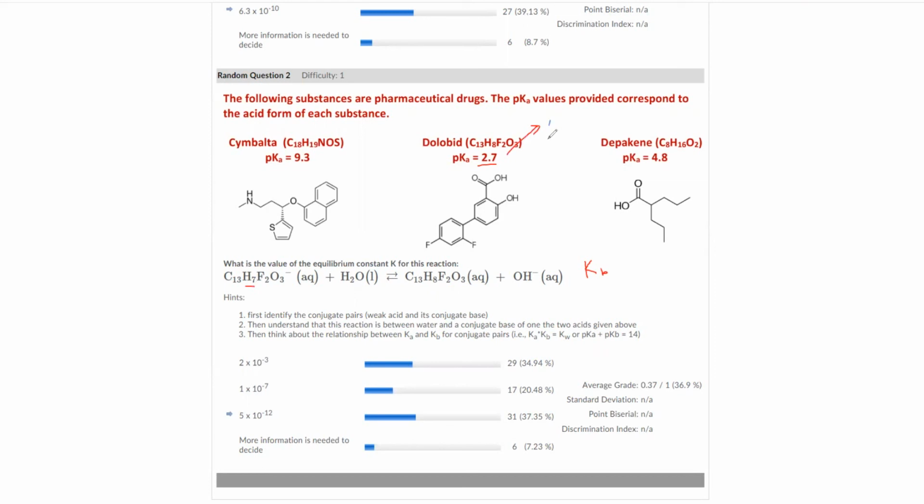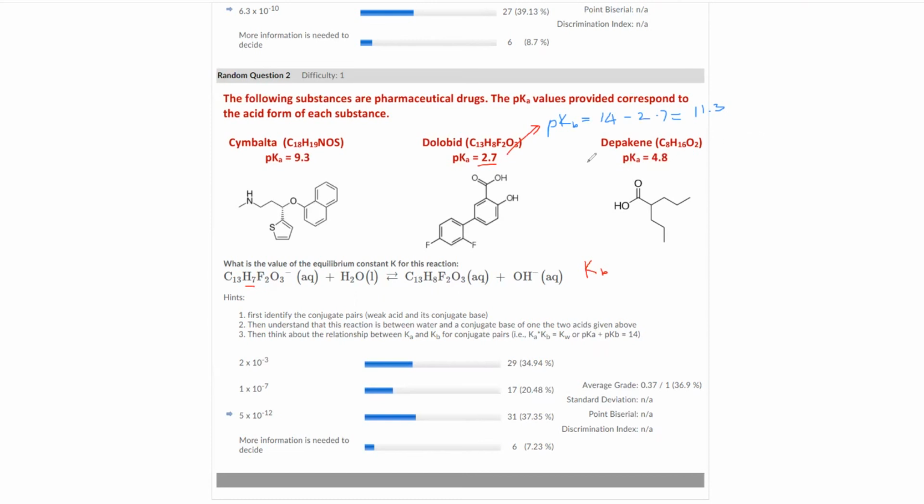Okay, so the pKb must be 14 minus the pKa value, which is 2.7. Okay, and it's going to be 11.3. Yeah, so pKb is 11.3.